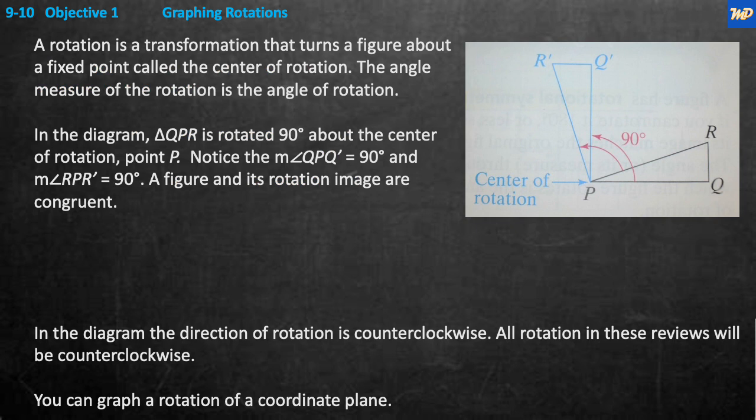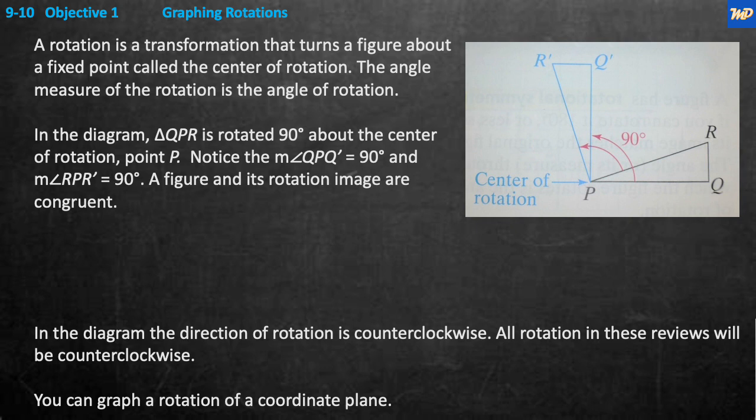Objective 1, graphing rotations. A rotation is a transformation that turns a figure about a fixed point called the center of rotation. The angle measure of the rotation is the angle of rotation. In the diagram, triangle QPR is rotated 90 degrees about the center of rotation, point P. Notice that the measure of angle QPQ prime, oh, I think there's a mistake there.